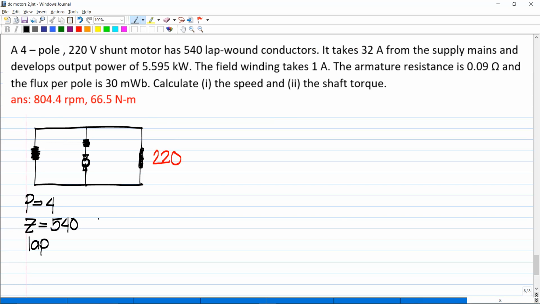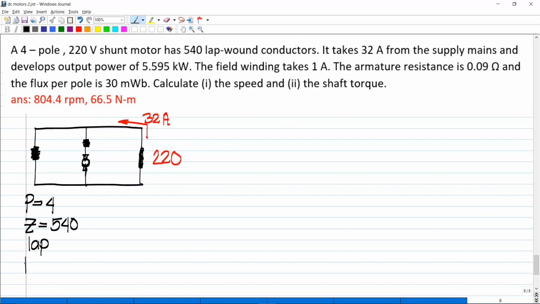It takes 32 amperes from the supply mains and develops output power.